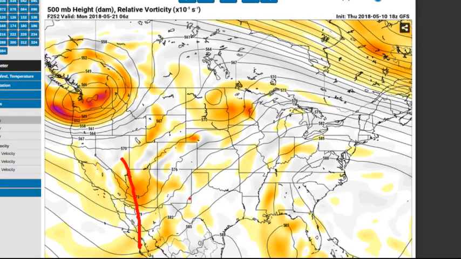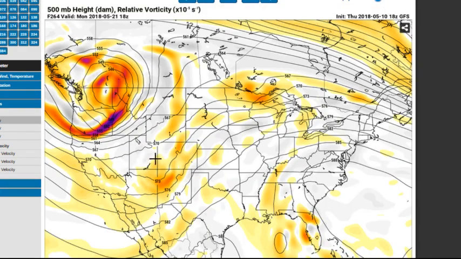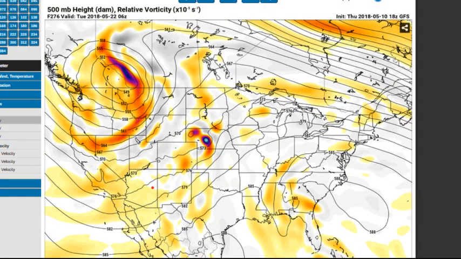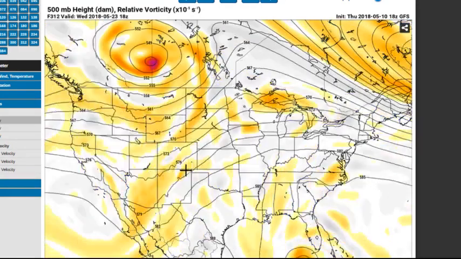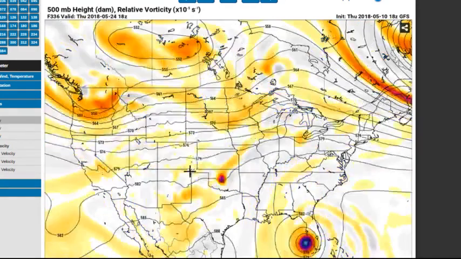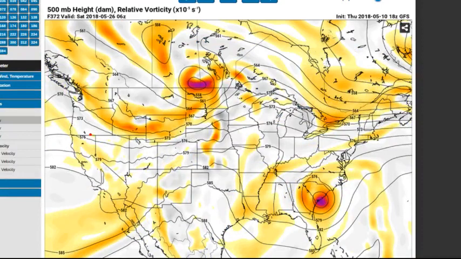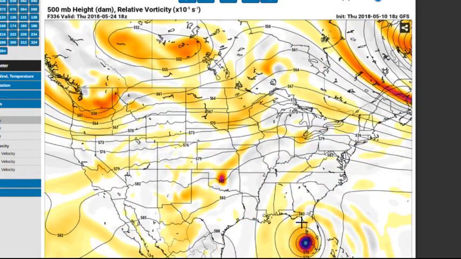And here comes another trough for the following week, 21st, 22nd, and it appears that'll affect mostly the central plains. And then we open up some zonal flow, again central plains, and then we have this tropical system coming up from the south. I'm going to show you that in a minute.